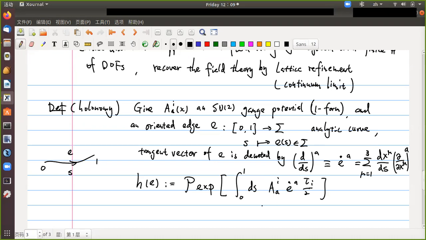It is just the connection one form integrated along the curve. But this is the connection one form as a matrix. So here it is not A_a^i integrated on the curve, but A_a^i contracted with Pauli matrices. Here tau i is the matrix minus i sigma i over 2, for i from 1, 2, 3, where sigma is a Pauli matrix.